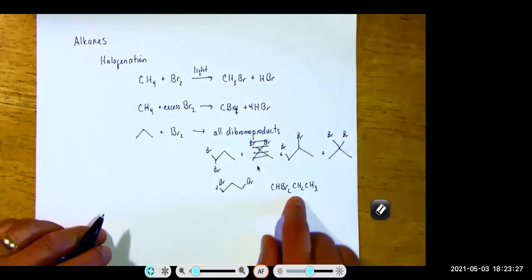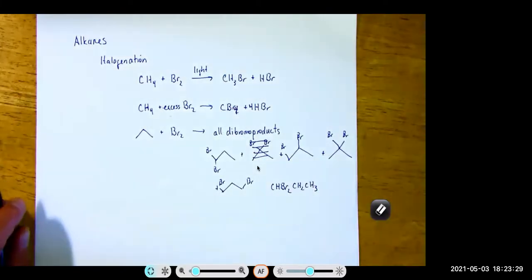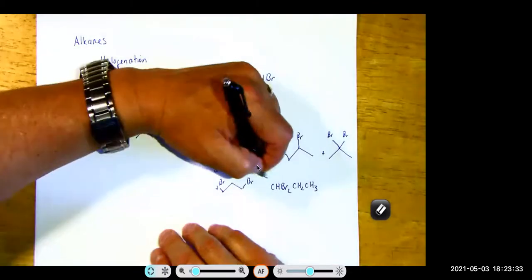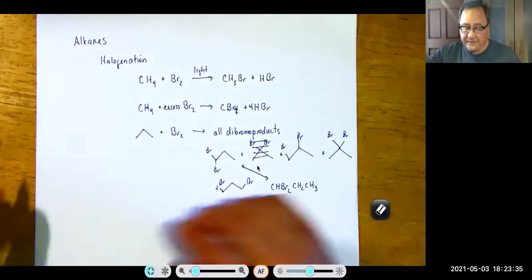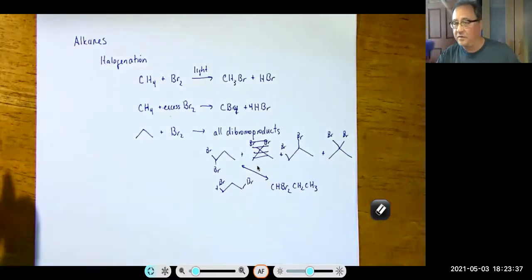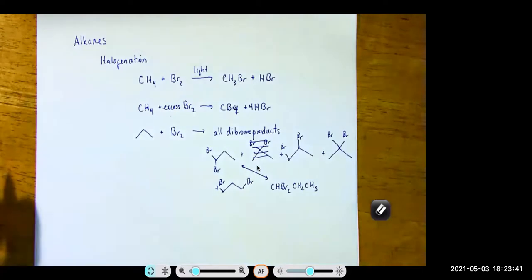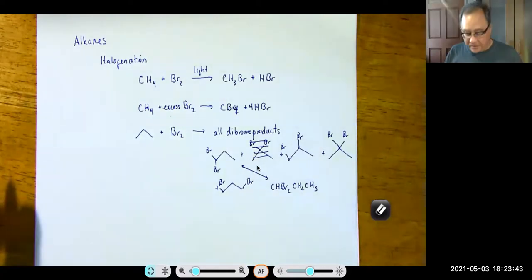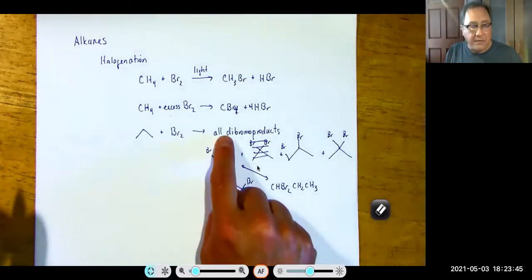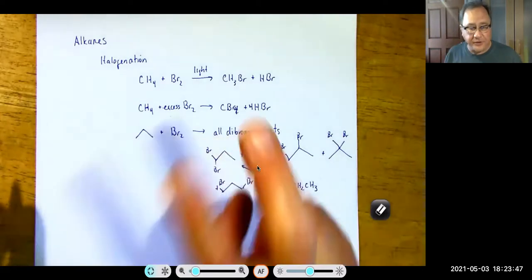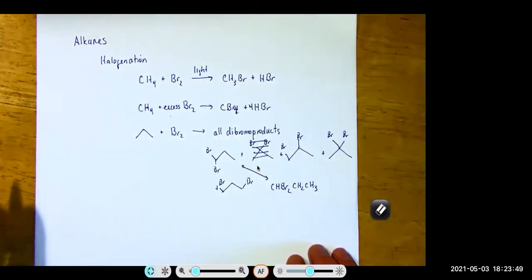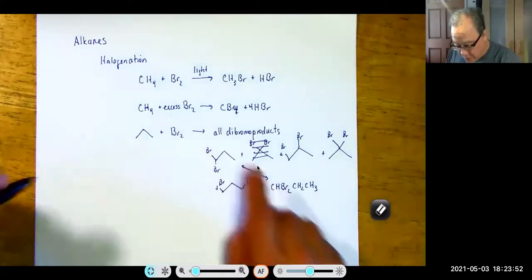Okay, so when you go through all of them and remove each hydrogen, the ones that you're drawing aren't those 4 products that I get then? No, I'm asking for all the dibromo products. So that means only 2 hydrogens are gone. Oh, okay. So that's the key here, dibromo.